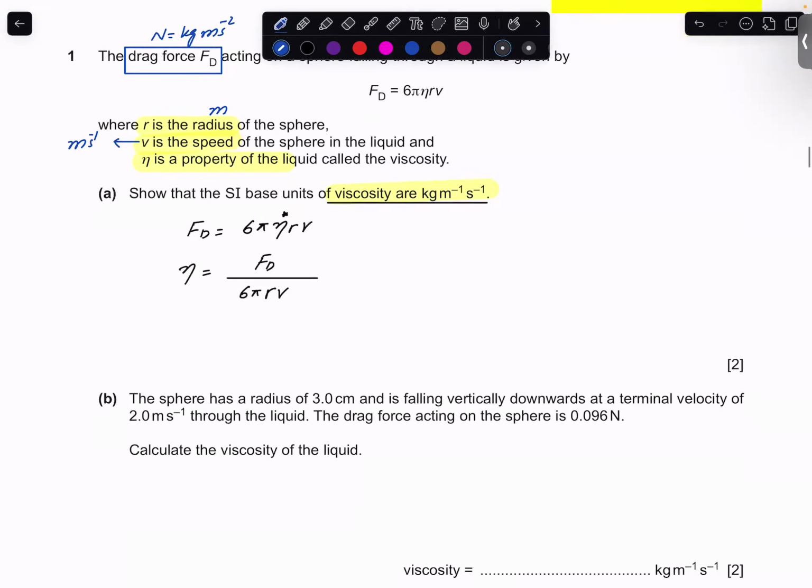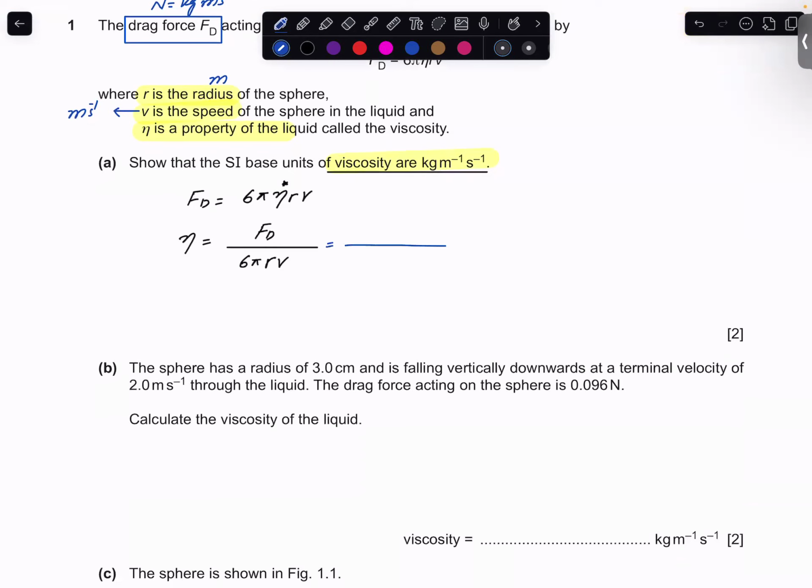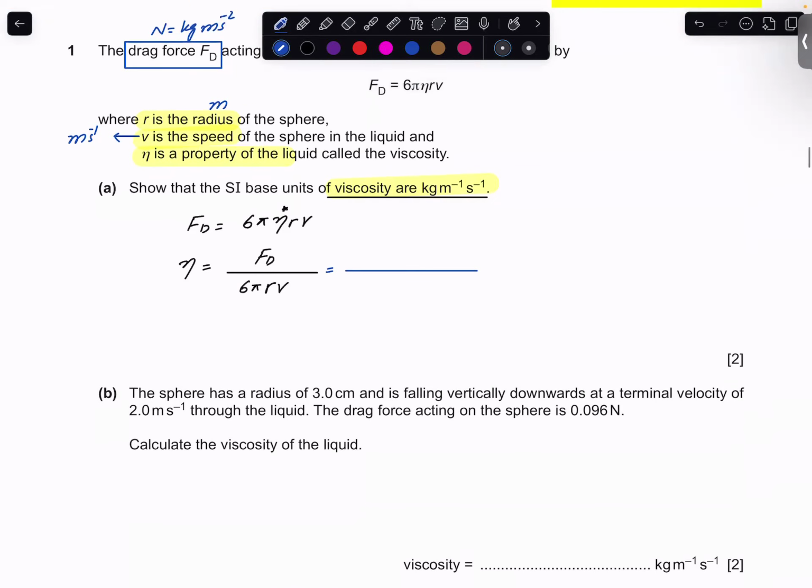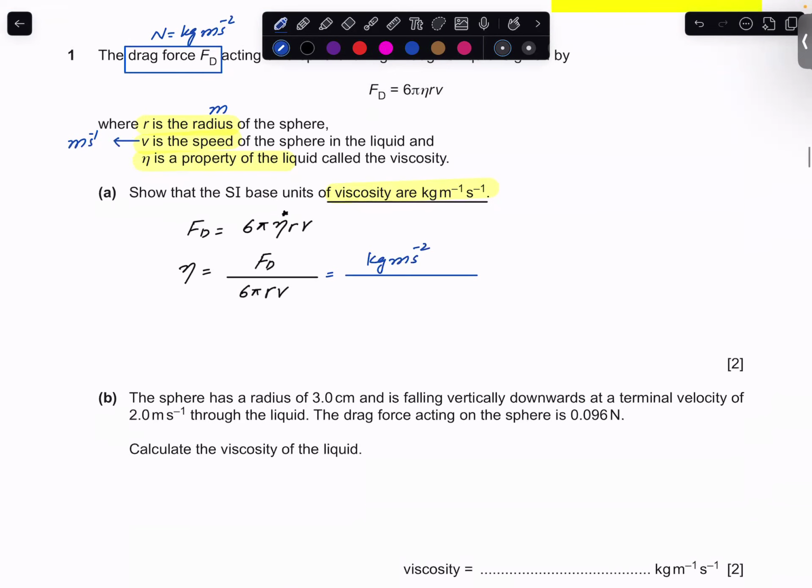So to find out the unit for eta, I have to put in the units of all other quantities. Force is kilogram meter per second square. 6 pi is a constant, no need to write a unit, ignore it. The r unit is meter and the velocity unit is meters per second.